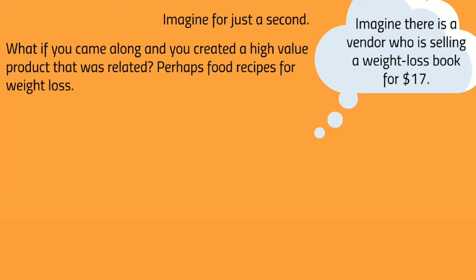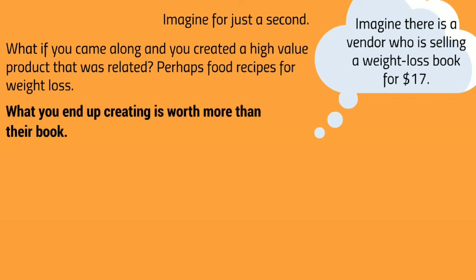Obviously, if you approach a vendor who is selling a recipe book on weight loss, they're more likely to say, oh no, definitely not. Heck no. They're definitely not going to accept that, because that's just too close to what they're selling. So in this case, because their book is about weight loss and weight loss training exercises, you can create a high value product, related indirectly, that discusses food recipes for weight loss.